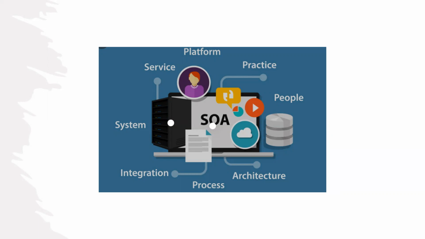So in service-oriented architecture, a number of services communicate with each other in one of two ways: passing data, or through two or more services coordinating an activity. This is just one definition of service-oriented architecture, and there are a lot of other definitions relevant to it.